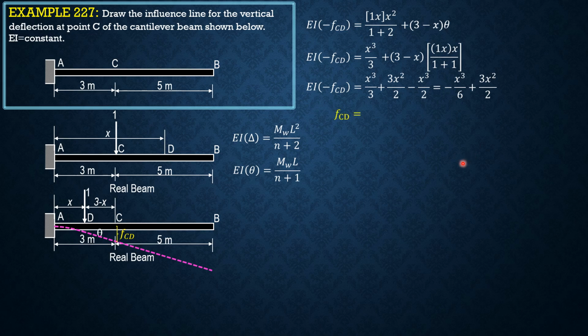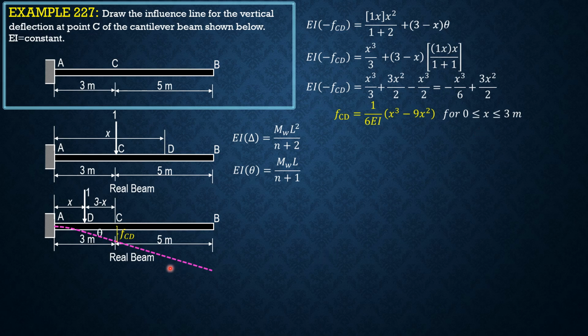Factoring out 6 in the denominator, so 6EI, so we have x cubed minus 9x squared. So if you check, we have x cubed over 6EI. This becomes positive, this becomes negative, then minus 9 over 6, which is negative 3 halves of x squared. This is for 0 less than or equal to x less than or equal to 3 meters.